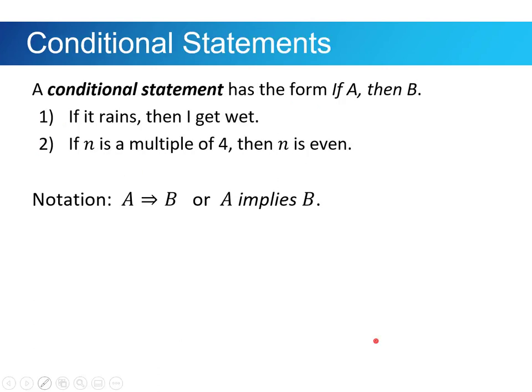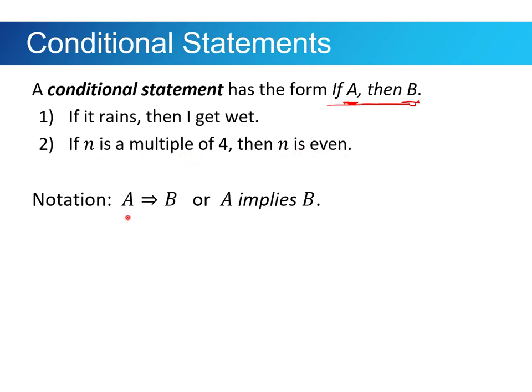One particularly interesting way of combining two statements is what's called a conditional statement. A conditional statement has the form if A, then B, where A is a statement and B is a statement. For example, if it rains, then I get wet. If n is a multiple of 4, then n is even. It connects these two statements together.